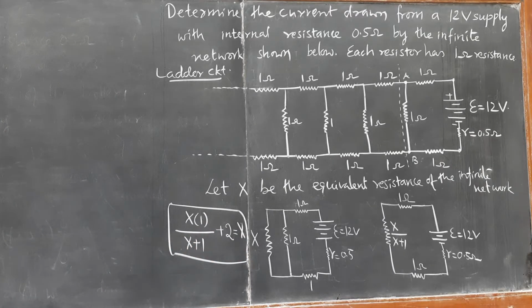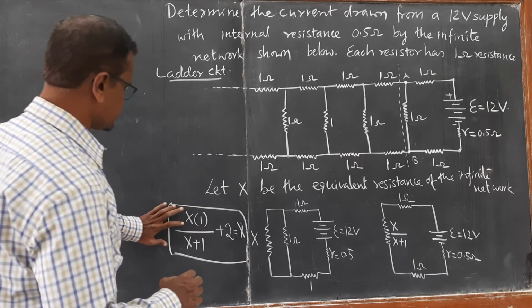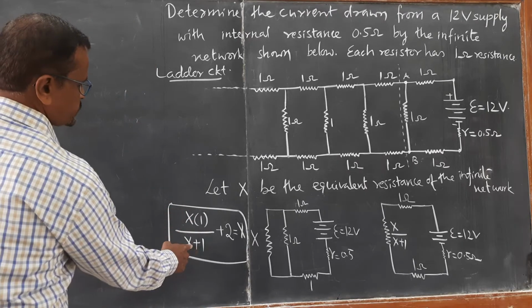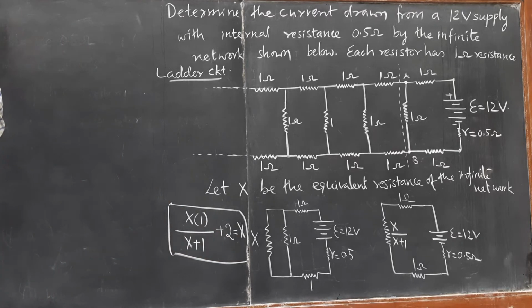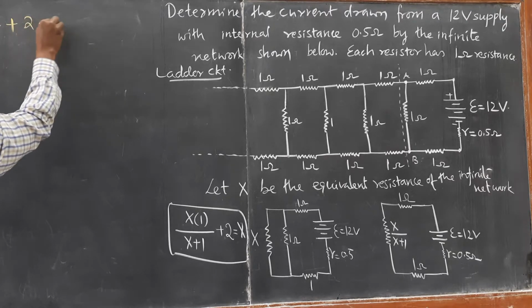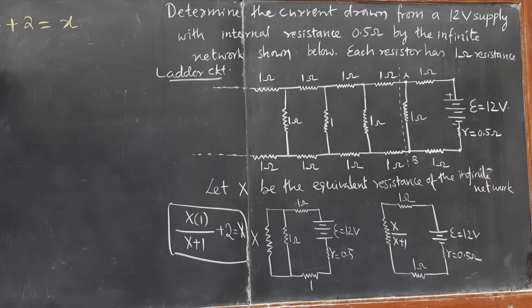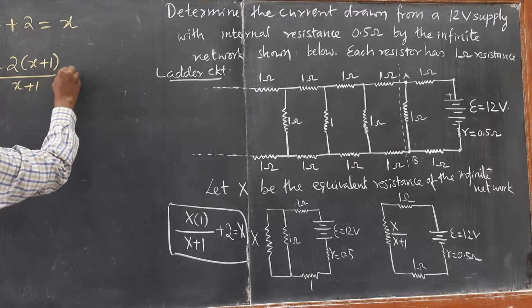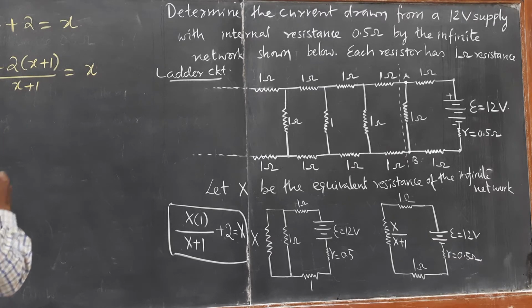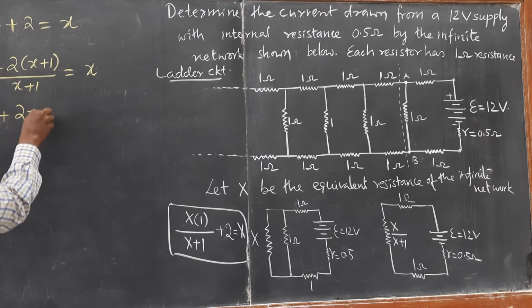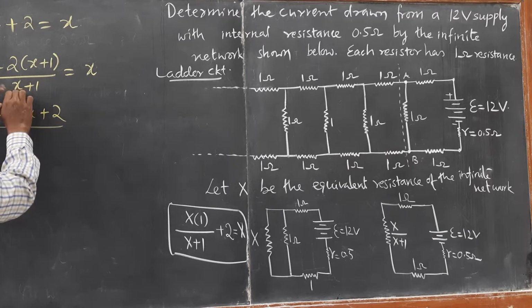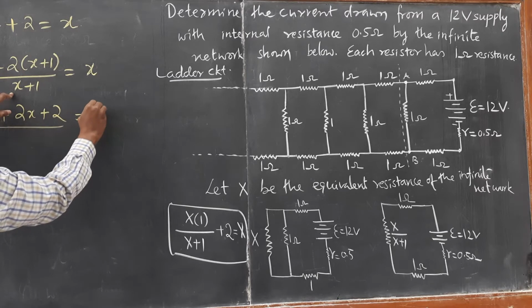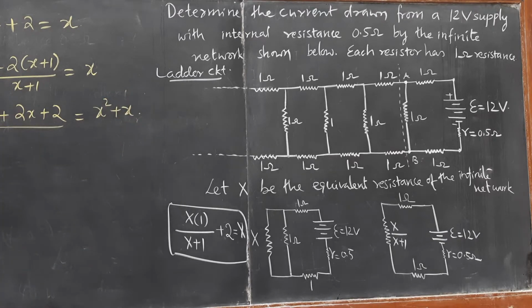Again it is an algebraic equation. When you solve for X, X divided by X plus 1, plus 2, is equal to X. On simplification, X plus 2 times X plus 1, divided by X plus 1, is equal to X. Taking it to the right hand side, it becomes X plus 2X plus 2 equal to X into X plus 1, which is X square plus X. Now it is a simple equation; you can solve it for X using a quadratic equation.